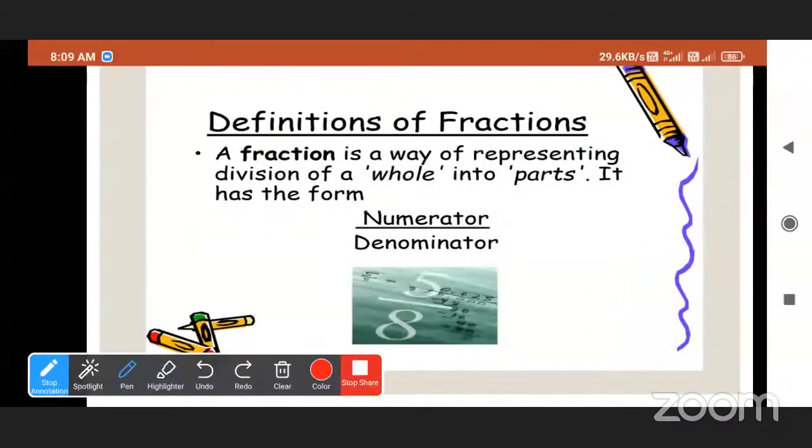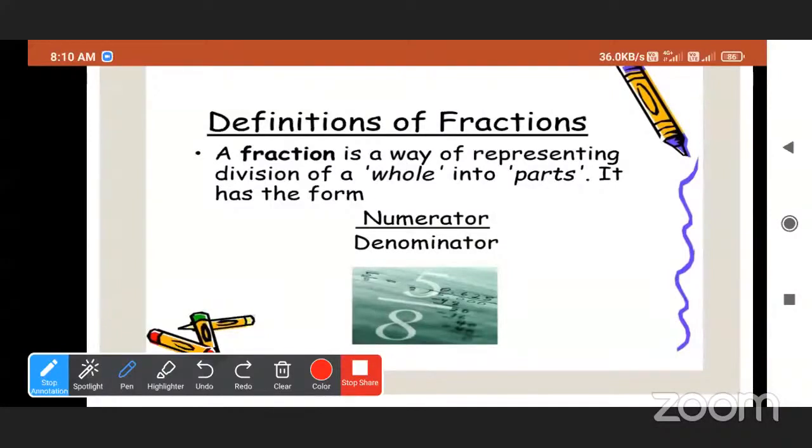Okay. Can you read it? Yes, sir. A fraction is a way of representing a division of a whole into parts. It has the form numerator upon denominator.